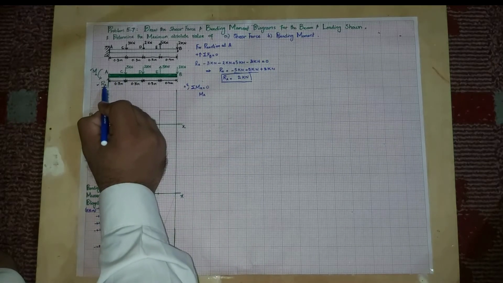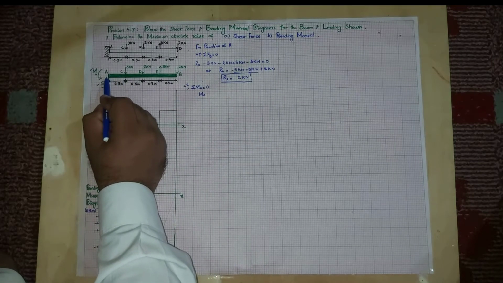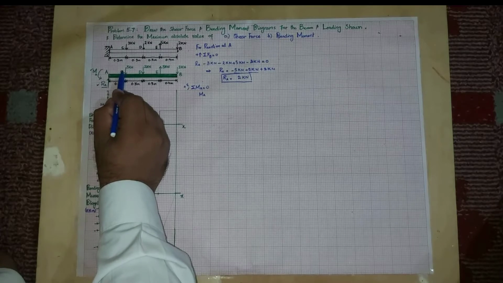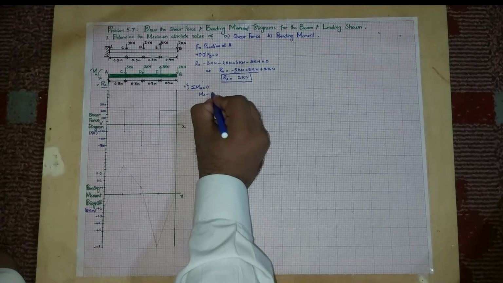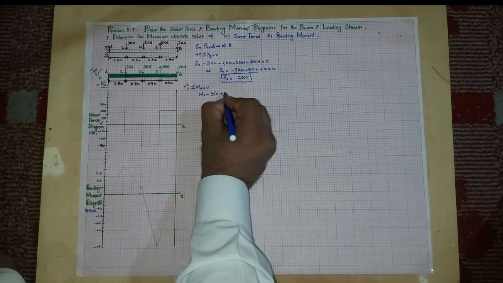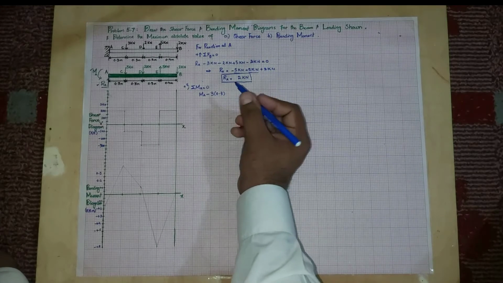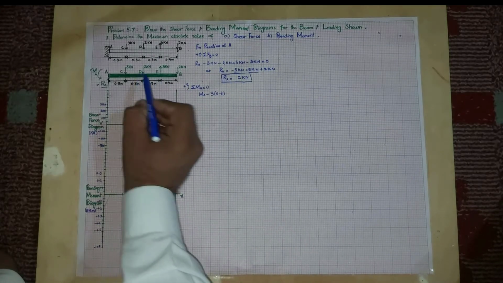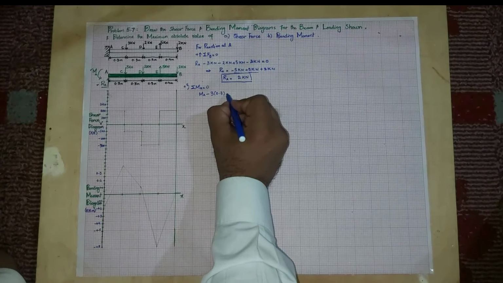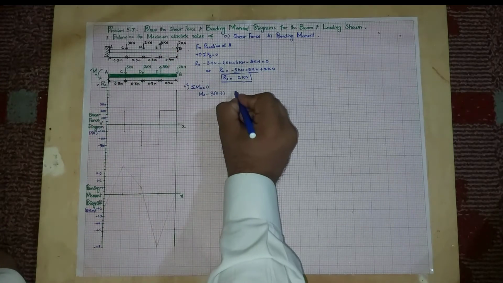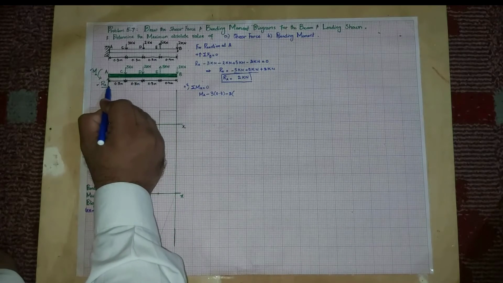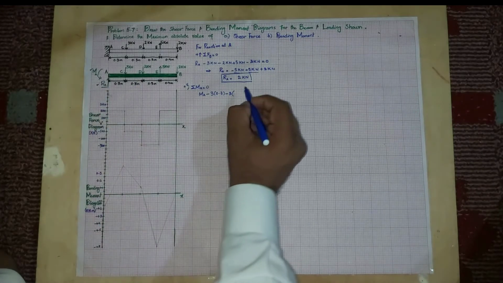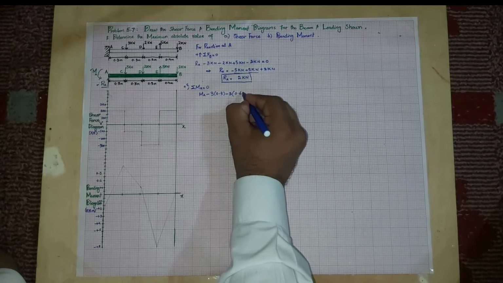RA is not producing a moment because it is passing through point A. The force at point C is producing a clockwise moment, equal to minus 3 into the perpendicular distance, 0.3. Clear? The next force also produces a clockwise moment, so minus 2 into the perpendicular distance 0.3 plus 0.3, which is 0.6.